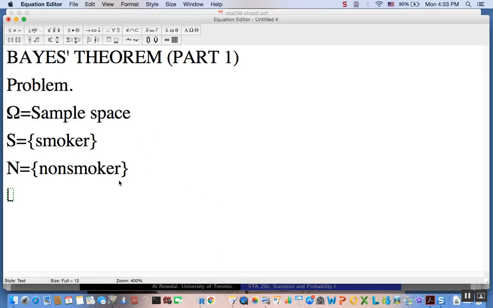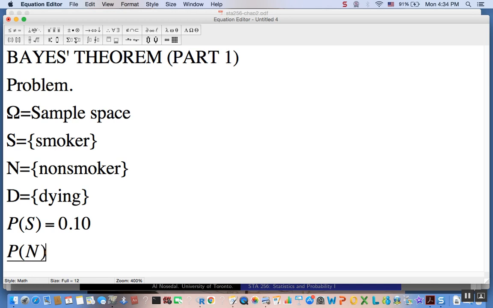Okay, so let's record that. Also here we need dying as an event. So we said probability of being a smoker 10%, probability of non-smoker 90%.